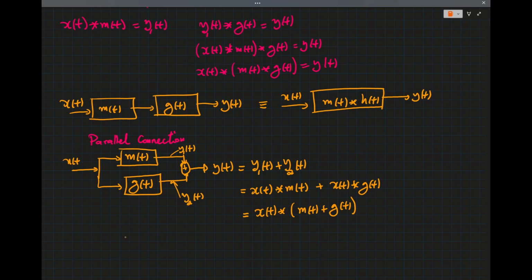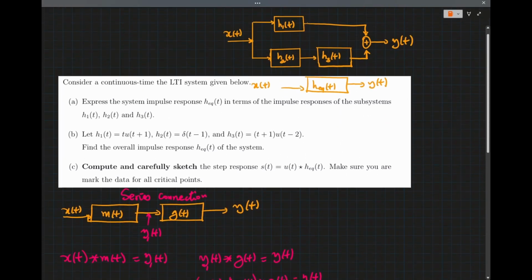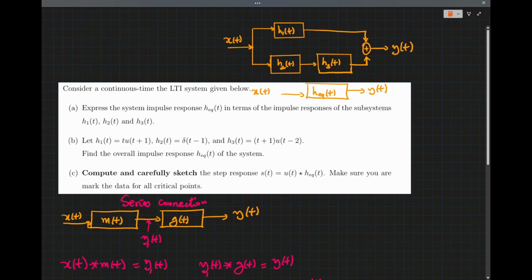As you can see, when the systems are connected in parallel, the overall impulse response is m of t plus g of t. Okay, so we are going to use these two properties that we just derived to solve this question.